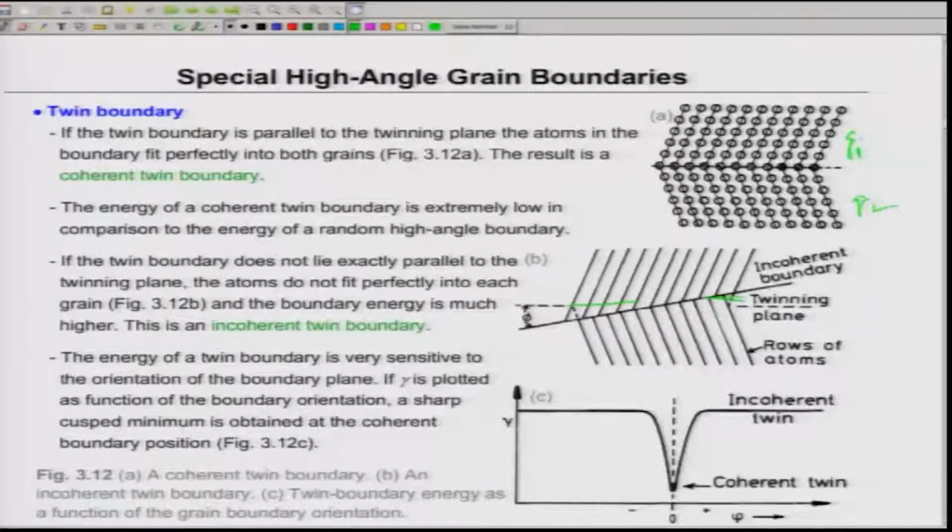If such a case happens, you will see there are places where the atomic planes match. Suppose here I am marking, okay, marking here, there, you see it matches. But as you go away from this, the planes are not matching. There is a definite mismatch of the atomic planes going from grain G1 to G2, very clearly seen.